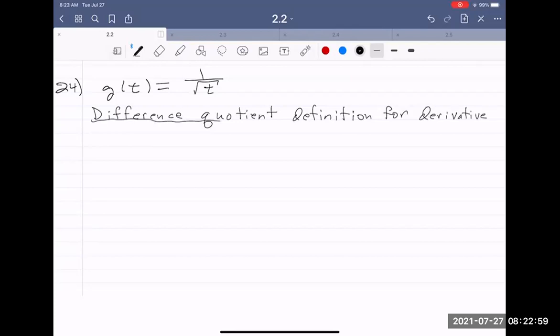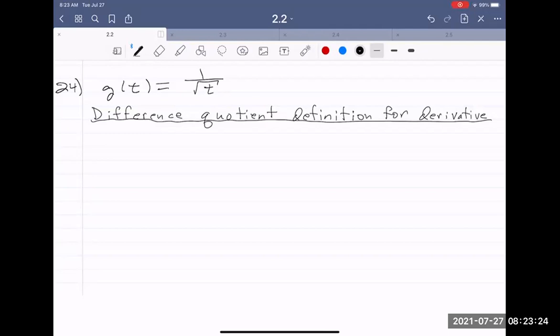Now, this difference quotient definition of derivative is really only applicable in this course. You can't really use it for, say, calculus 3 or whatever, because it really is not applicable.